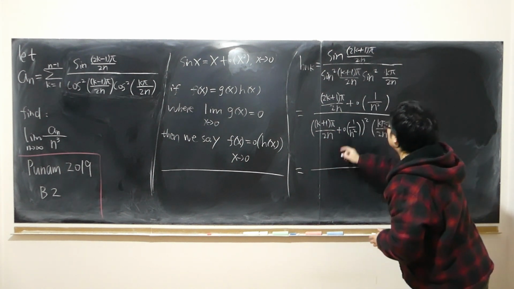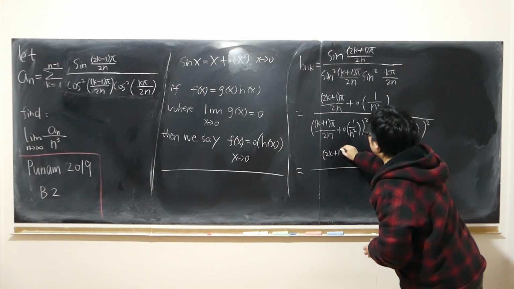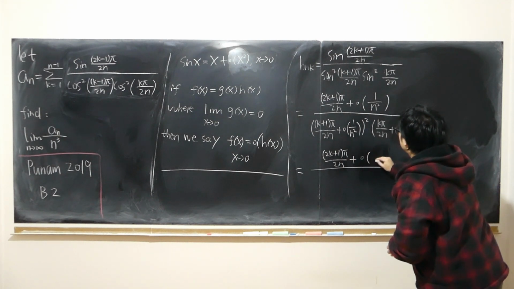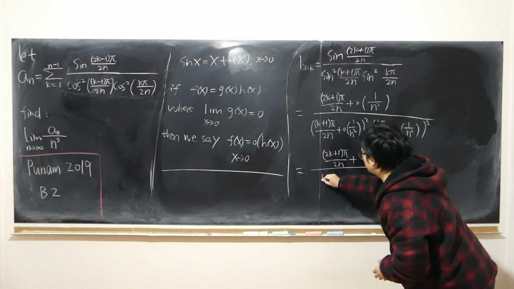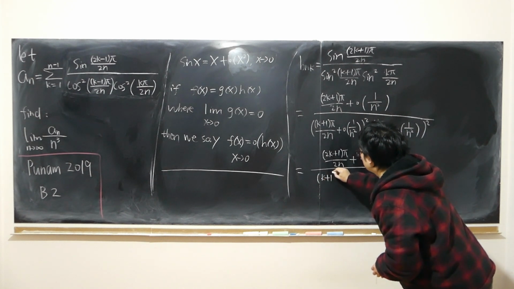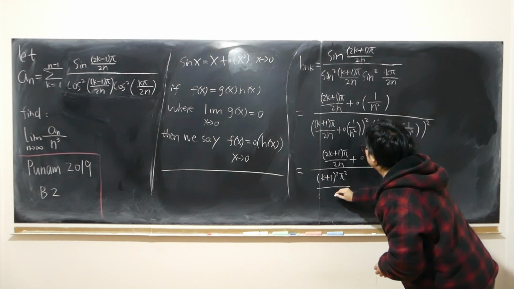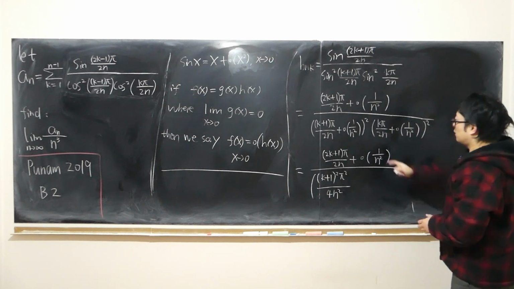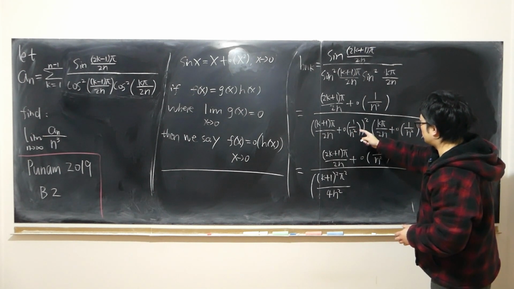So copy down the top: (2k plus 1) pi over 2n plus little o of 1 over n squared. Bottom, square this one: (k plus 1) squared, pi squared, over 4n squared. And square this term: little o of 1 over n to the power 4.